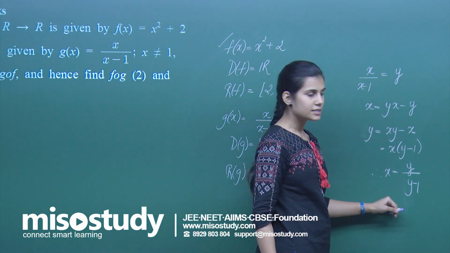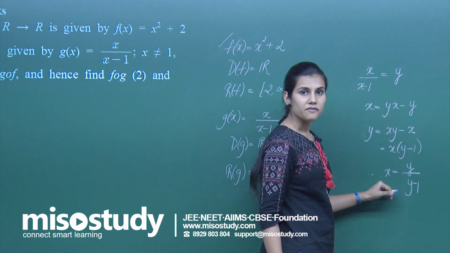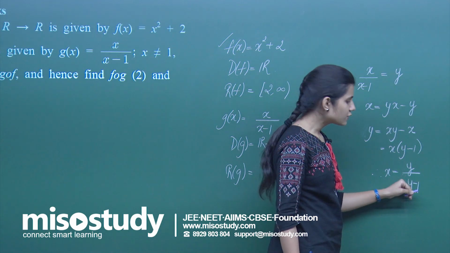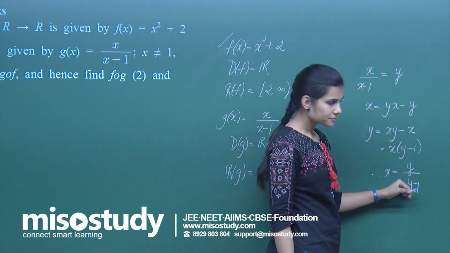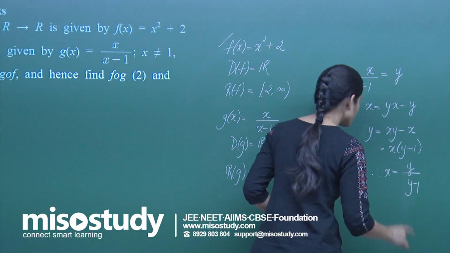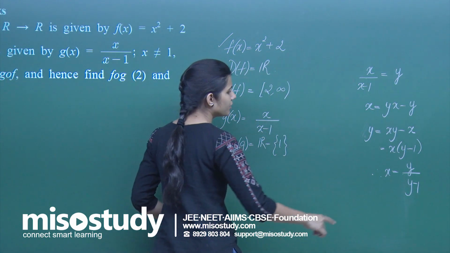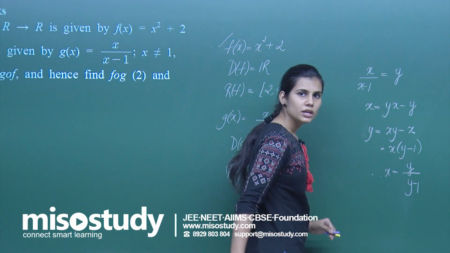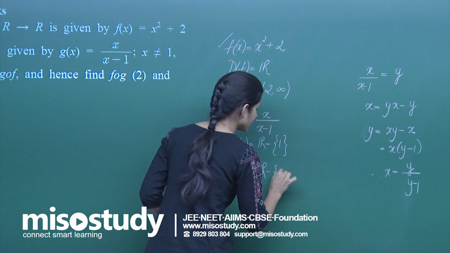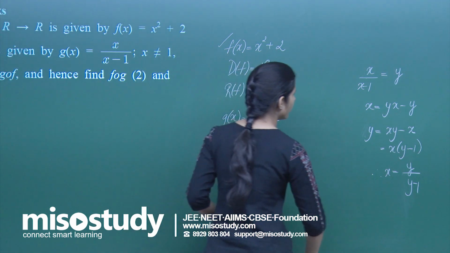This x is a well-defined real number only when y is not equal to 1. For y not equal to 1, all the other values of y give me x as a real number. So the range is also all real numbers minus the quantity 1.